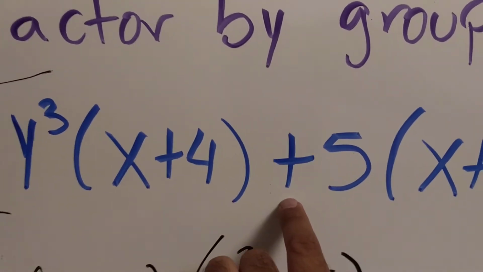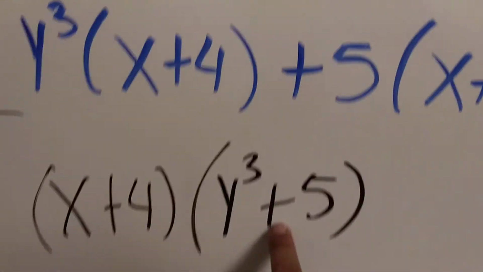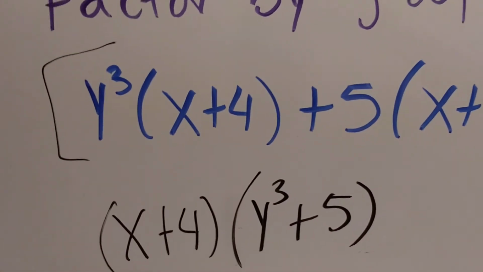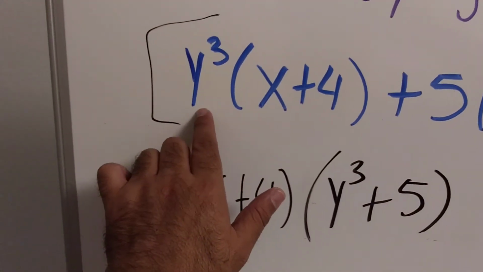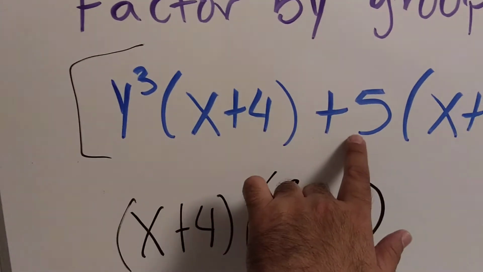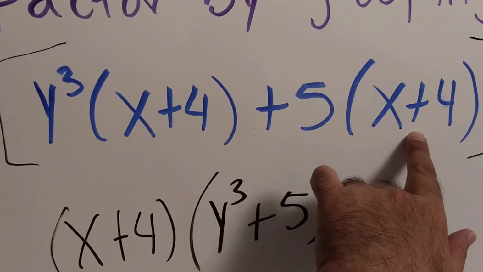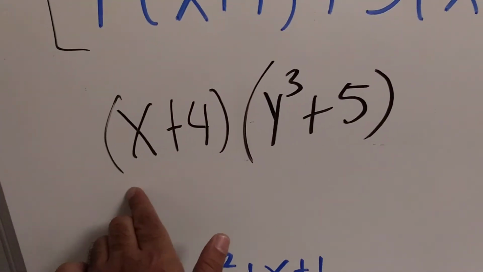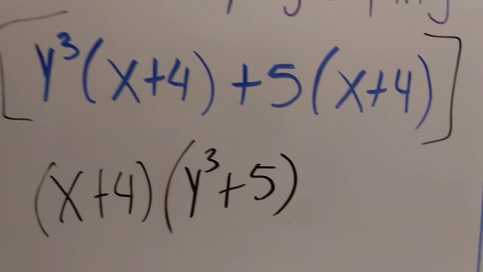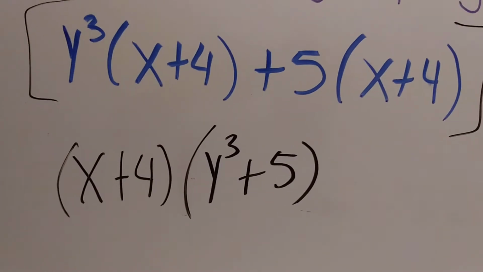If it was a minus, you would bring down your negative here. So you factor it out, and if you were to redistribute first the y to the third into this problem here, and then that 5 into this problem here, and then remultiply everything, you would get the same problem. So this is just a little trick of refactoring.